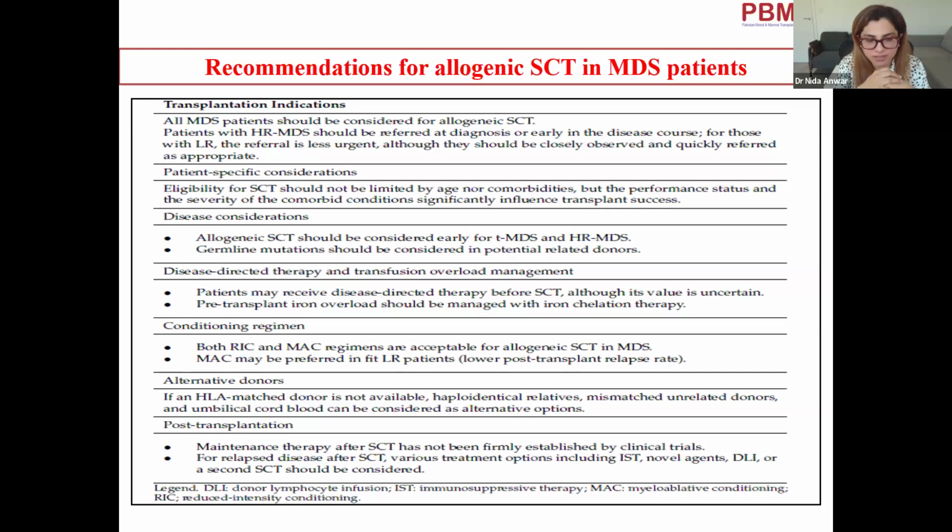And as far as post-transplant maintenance is concerned, currently there's no standard recommendation of maintenance therapy in MDS after stem cell transplant. There are certain observational studies which have shown inclusion of hypomethylators like azacitidine post-transplant and shown an effect. However, there's no per se standard recommendation to give maintenance post-transplant in MDS.